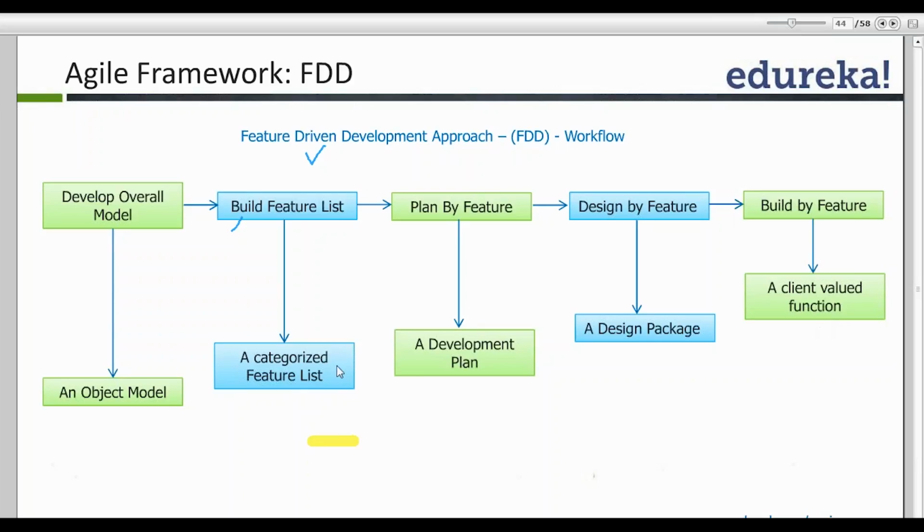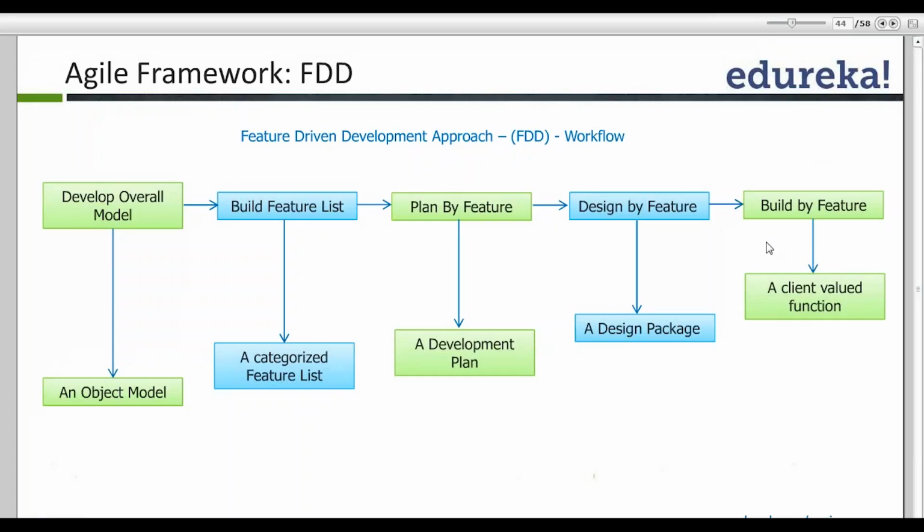Okay, now FDD is called feature driven development, and what this essentially talks about is how do we develop a project on a feature basis. So what we do in FDD, again not that important from an exam perspective, is we develop the overall model, which is an object oriented model.